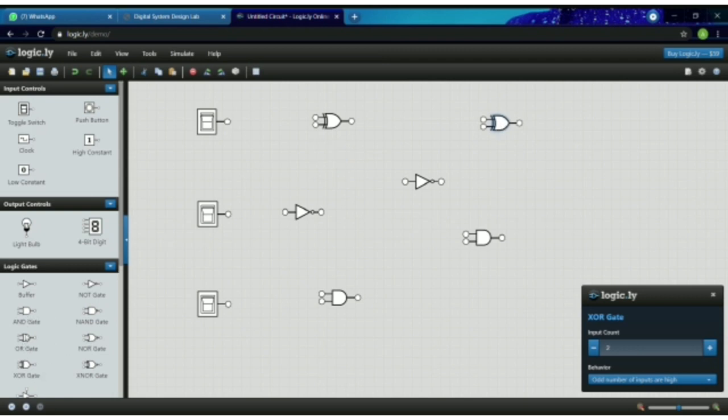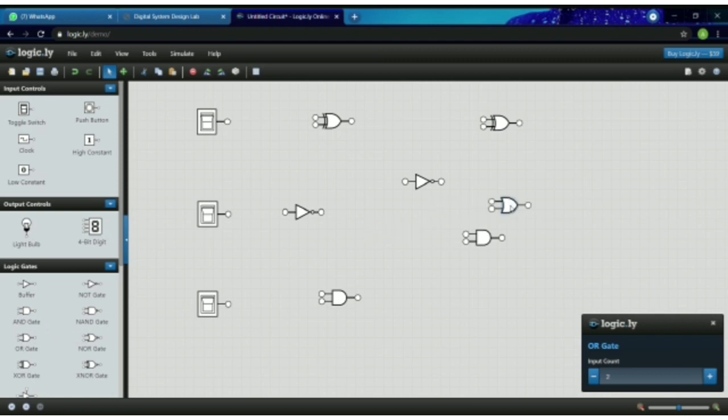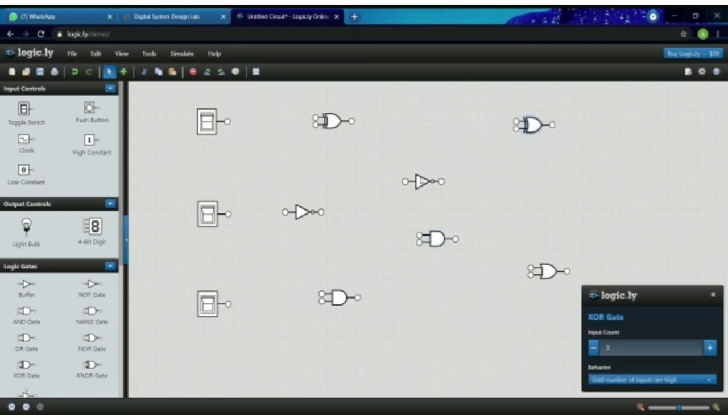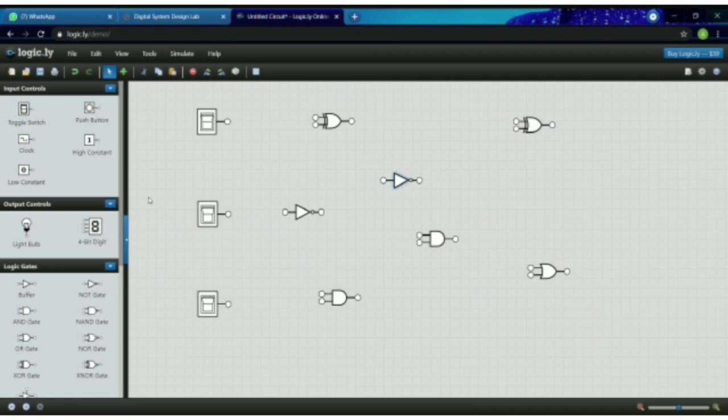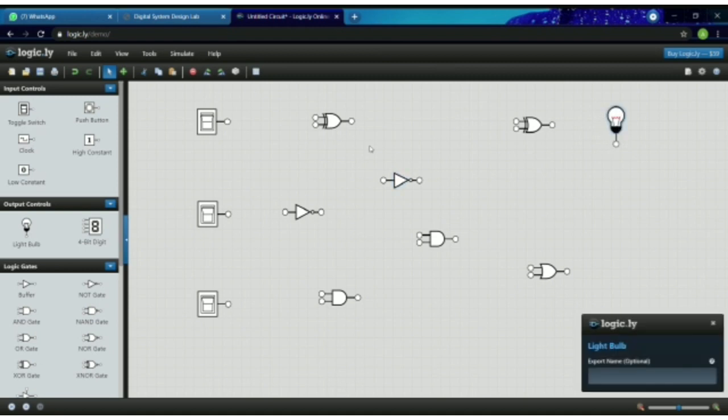Finally, we are taking the OR gate. And now we are taking the outputs.